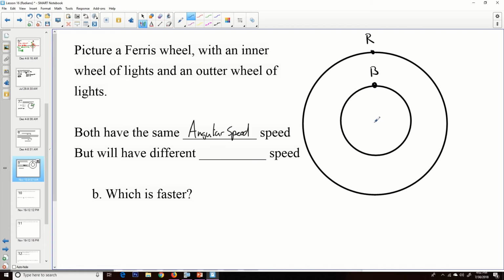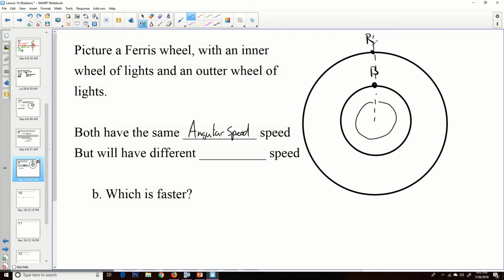All right, because if we draw the dotted line through the middle and we calculate how many degrees they will travel, they will both travel the same number of degrees in the time frame that we've talked about. But clearly, as they go around, the B travels a much shorter distance than the R travels.